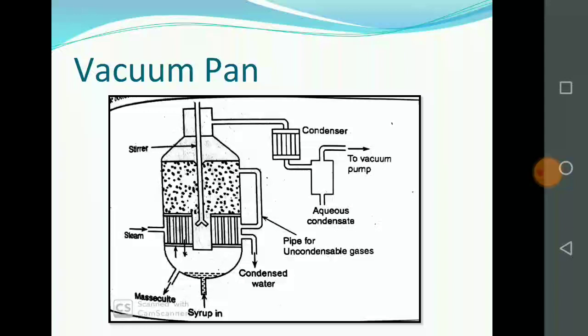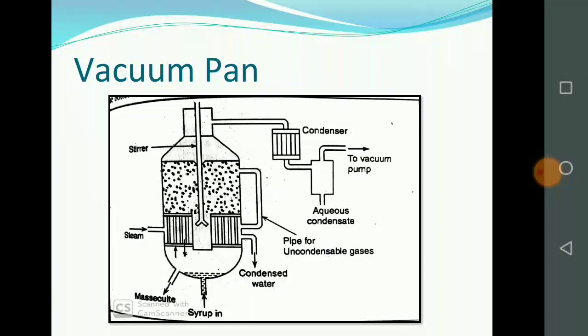Now next, crystallization of sugar. The thick syrup from the multiple effect evaporator is further concentrated in the single effect vacuum pan, also called strike pan. It is fitted either with a calandria or steam coils.